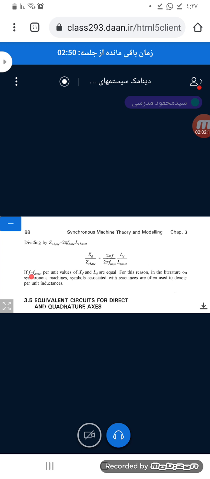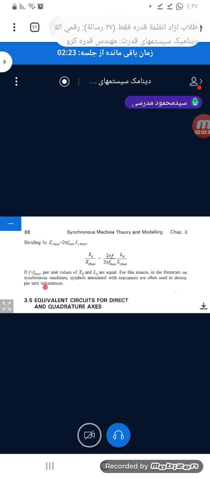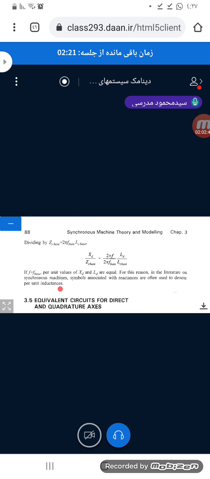If F is equal to F base, per unit values of XD and LD are equal. For this reason, in the literature on synchronous machine, symbols associated with reactances are often used to denote per unit inductances.